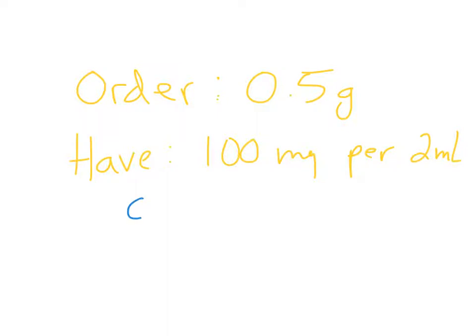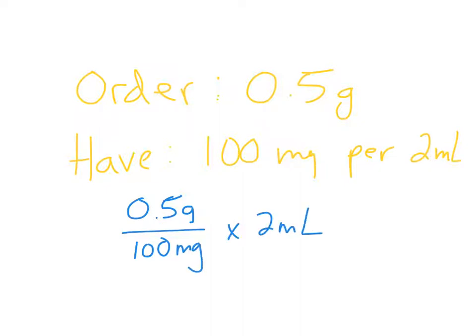We have ordered 0.5 grams, we have 100 milligrams, and our quantity is 2 milliliters. Looking at this, D is in grams and H is in milligrams.